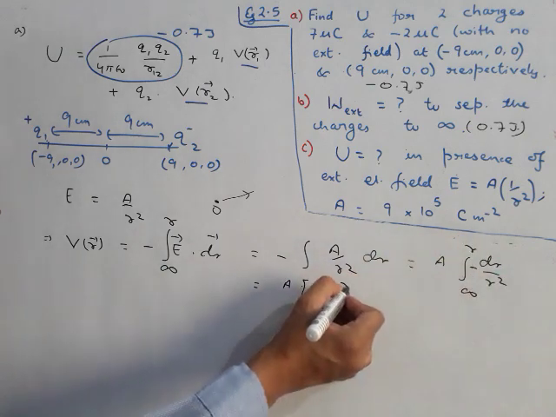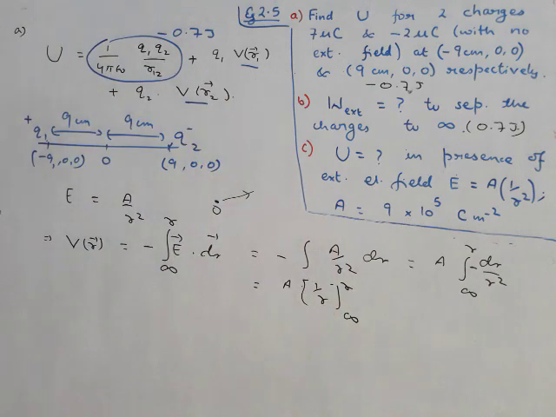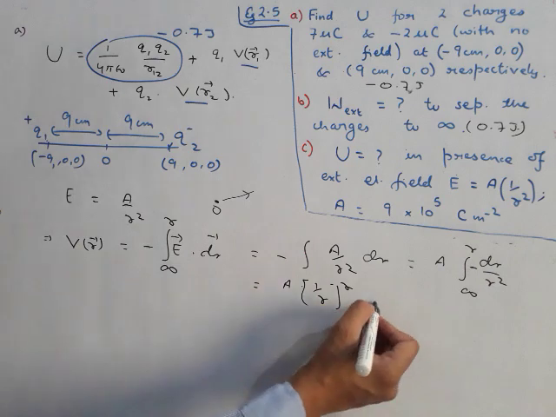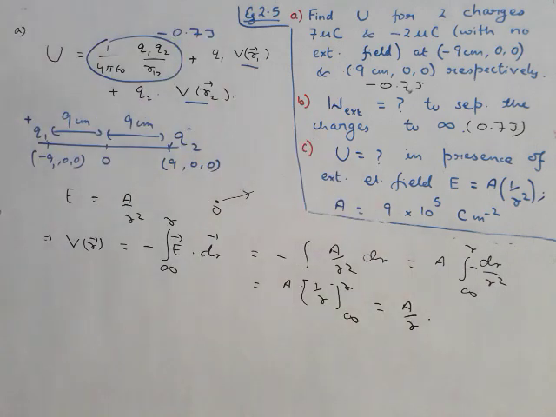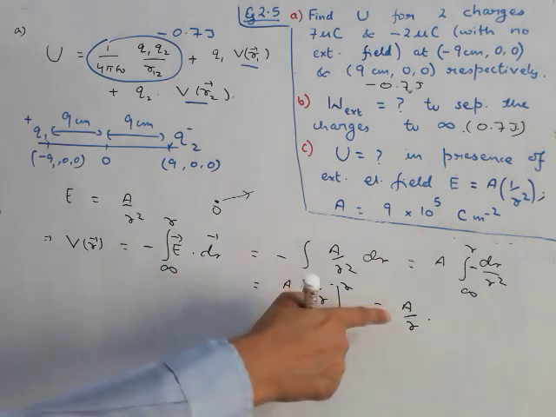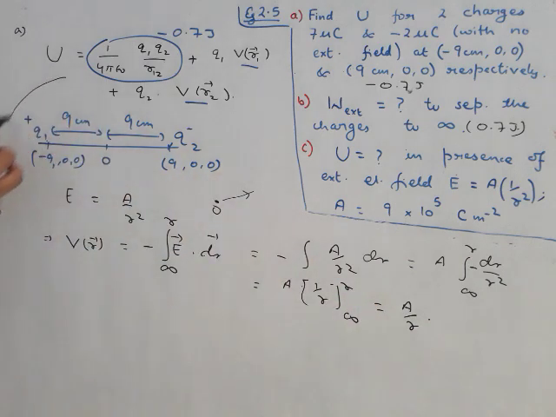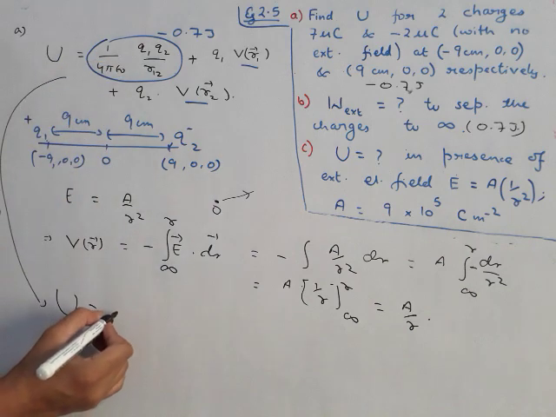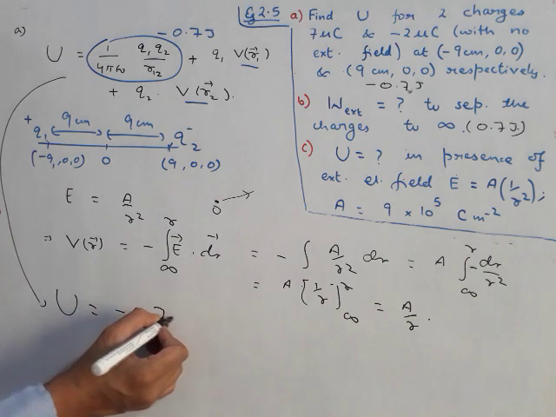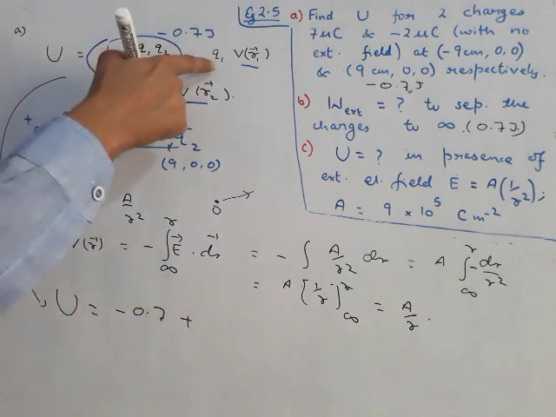Infinity to R. If the limits are from infinity to R, then we get 1 by R minus 1 by infinity. 1 by infinity is 0, so we get the answer as A by R. So this is the value of potential. So V(R) is equal to A by R. Now I'll use this particular formula. So U will become equal to, first term we have already calculated, minus 0.7 in SI system, plus the second term, Q1.